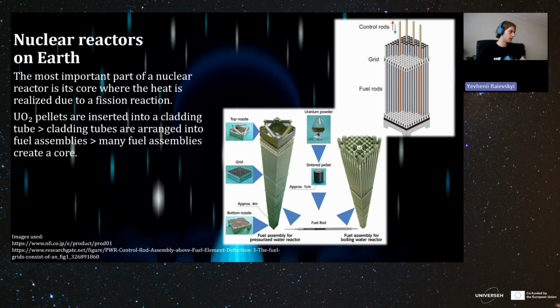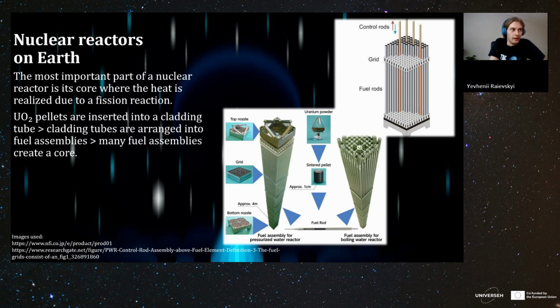But for now, I would try to explain to you how nuclear reactors work on Earth, because basically nuclear propulsion systems, nuclear reactors in the rocket that are built even now by, for example, NASA at this moment, the reactor core is very similar to the reactor cores we have on Earth.